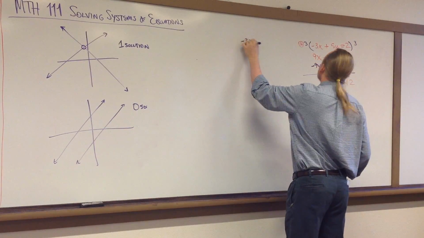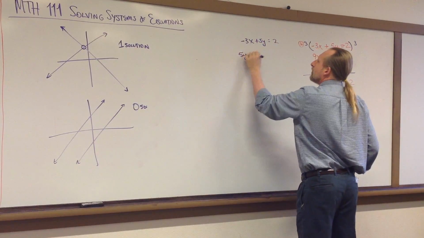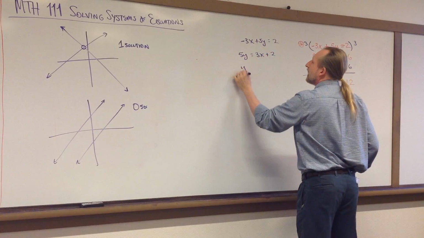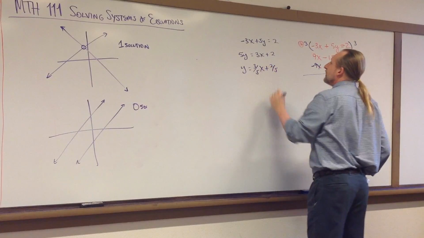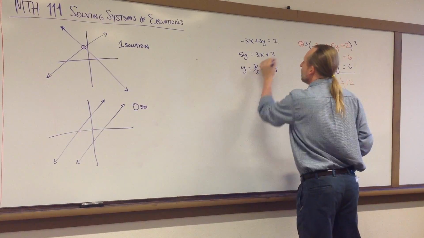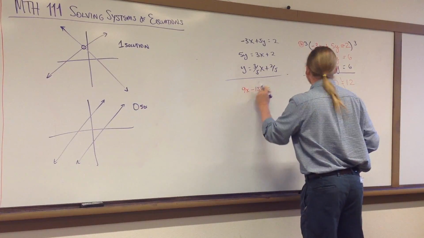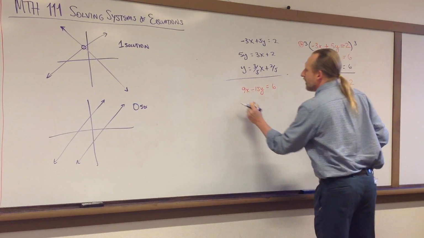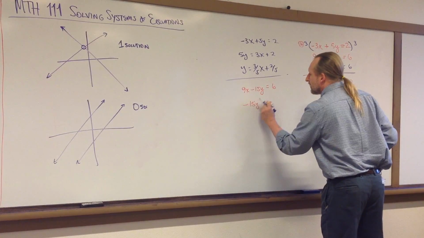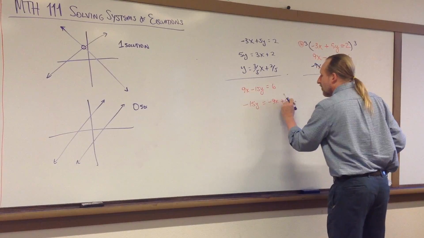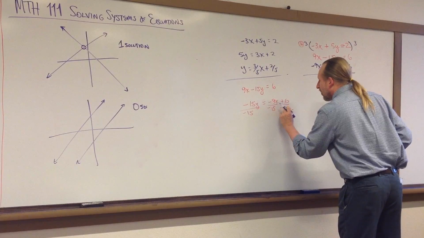So this one, negative 3x plus 5y equals 2. Move the 3x to the other side. y is 3/5 x plus 2/5. Now take this one, 9x minus 15y equals 6. Move the 9x to the other side and divide everything through by minus 15.